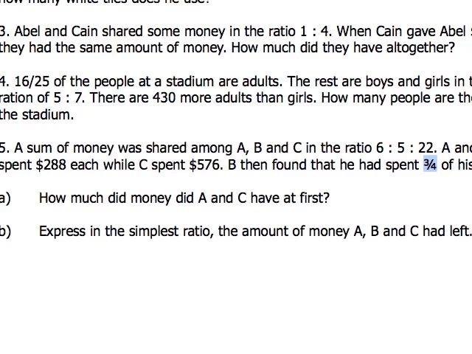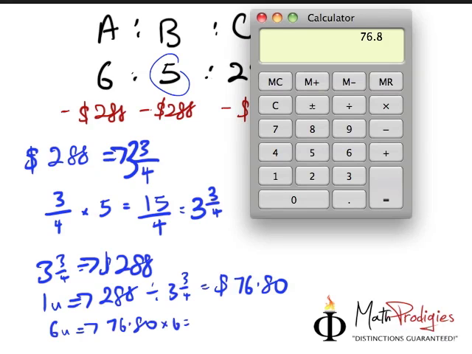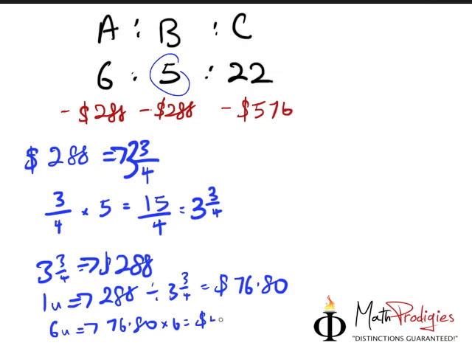The question is asking how much money did A and C have at first? To find the answer, A equals 6 units. Therefore, 6 units equals 76.80 times 6, which gives you 460.8.